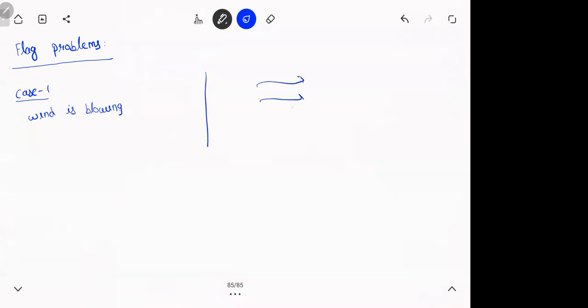Next thing. Flag problems. What are these things? Case 1: wind is blowing. If you have a flag and the wind is blowing like this, tell me one thing, how will the flag point? Like this. So the flag points in the direction of the wind.